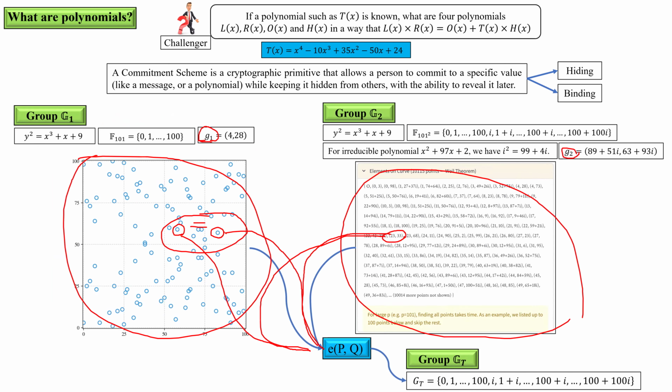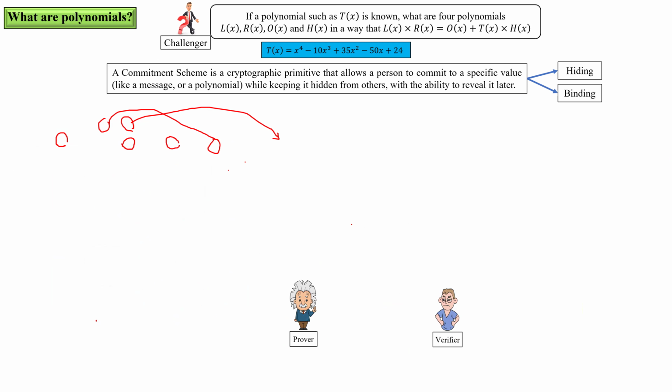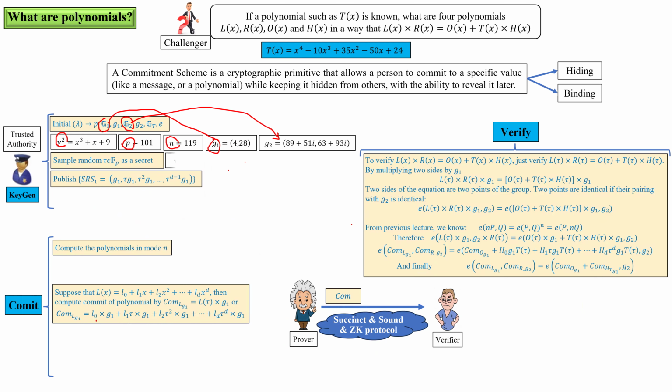Okay, now we use this knowledge to follow our protocol. So the next step is the trusted authority picks a random value for tau. So now we assume that the value of tau is 5, and this value should not be shared with the prover or verifier, especially the prover, and this value should be saved as a secret. We will discuss later why.